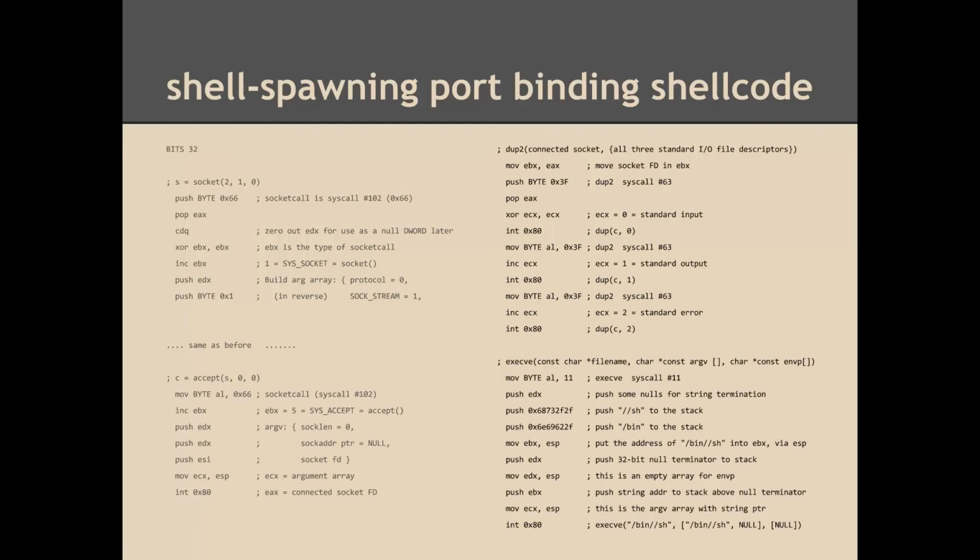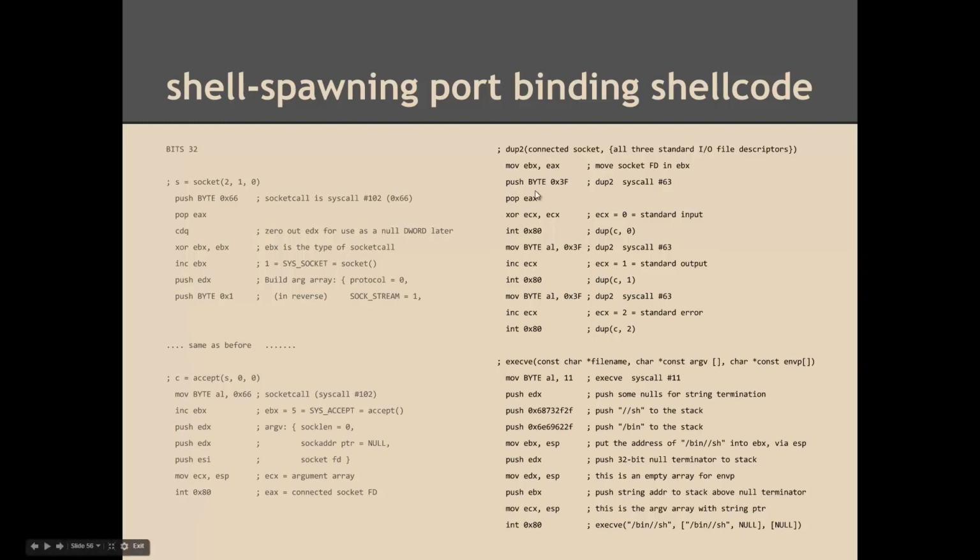So this line of code, push just the byte 0x3F onto the stack and then pop it, is a fancy way of getting around the null bytes that might occur, since mov eax, byte 0x3F would probably have a lot of null bytes.